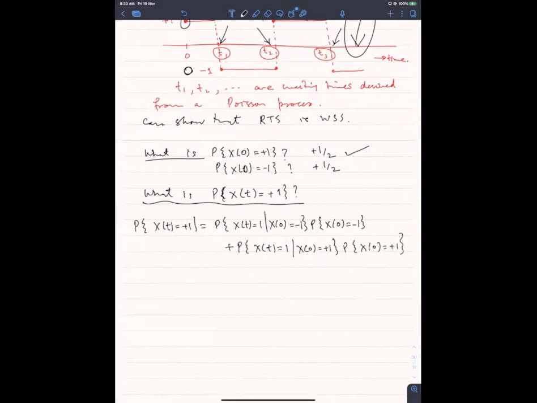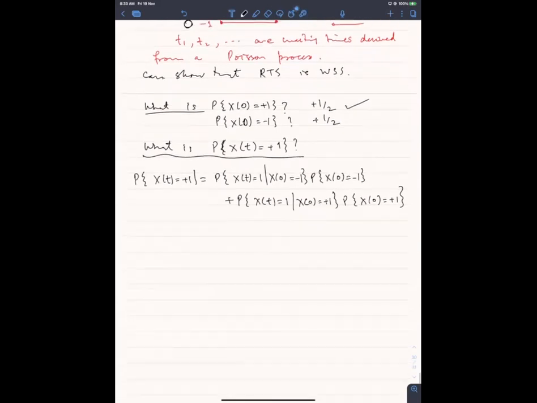So this is from the law of total probability. So we know these probabilities.